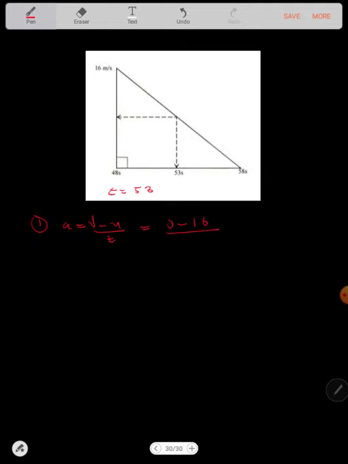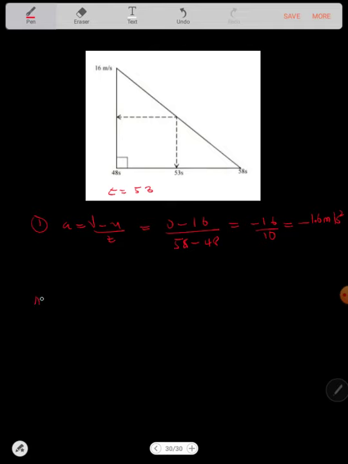I'm not considering this; I want to know the entire acceleration in this area. So that will be 58 minus 48. This will give me negative 16 over 10, to give me negative 1.6 meters per second squared. That's the deceleration that I have.